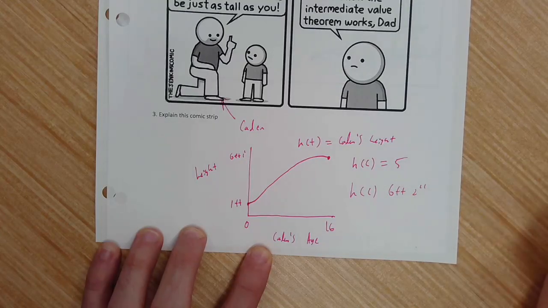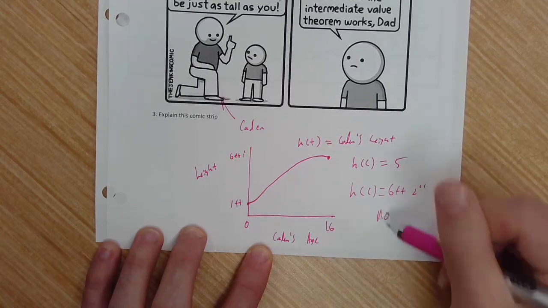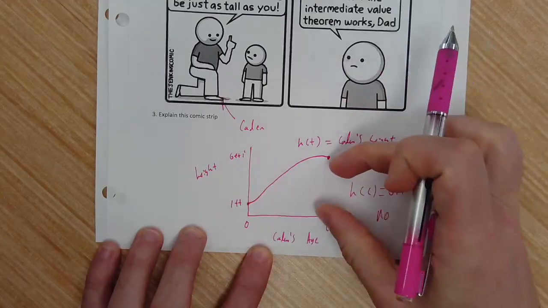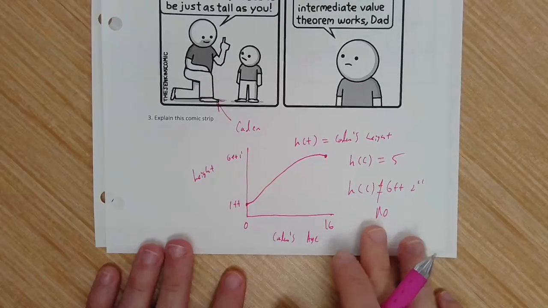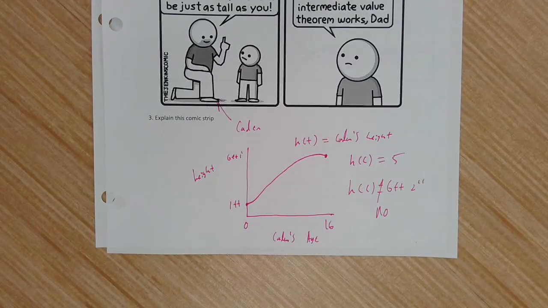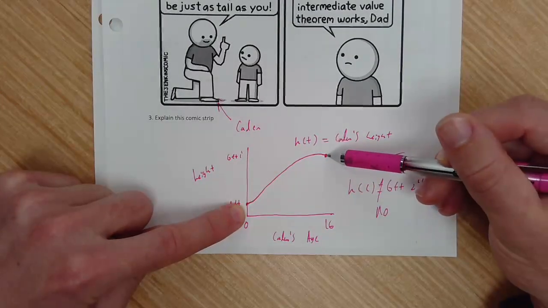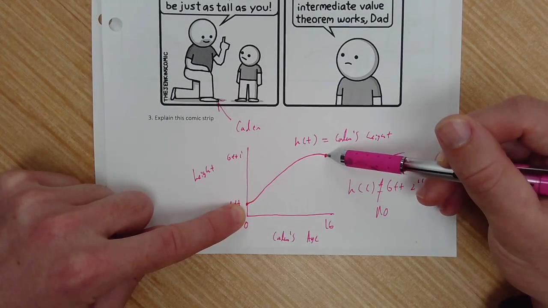And to that you'd say, no, because that's beyond what he has been. This is the intermediate value theorem. It says that if we have a function, we must hit all the outputs between two separate outputs of that function.